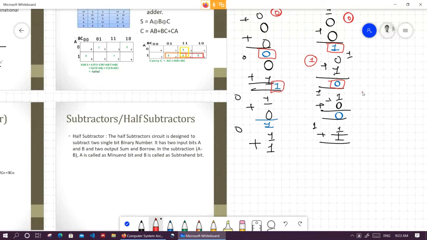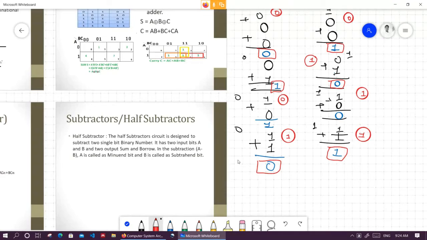And when we talk about 0 1 1, so sum will be 0 and carry will be 1, and in this case sum will be 1 and carry will also be 1. Fine.